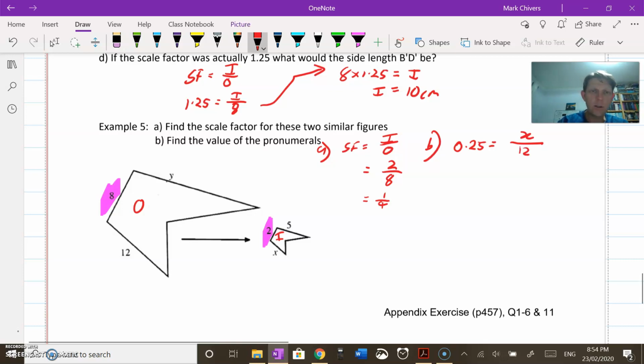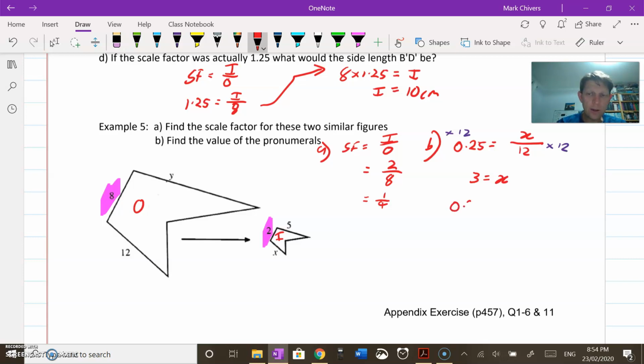So obviously I use a bit of algebra here. I multiply this side by 12, but whatever I do to one side, I've got to do the other. And I'm going to be left with 12 times by a quarter, well, or a quarter of 12. So that's 12 divided by 4, which is 3. So 3 equals x.